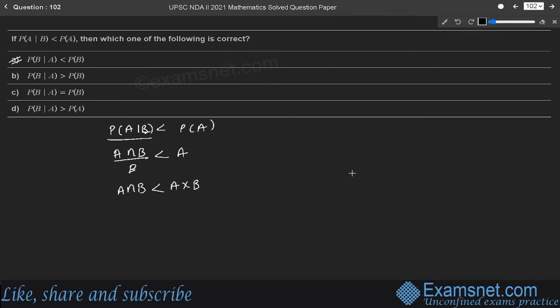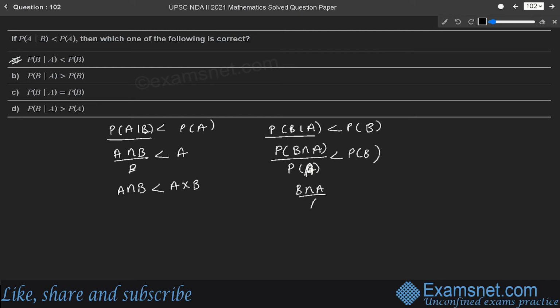Now let us look at the first option, which is P of B given A is less than P of B. Again, by using the conditional probability, P of B given A will be equal to P of B intersection A upon P of A, which is less than P of B. This says that P of B intersection A is less than P of B times P of A. You can see that both these are very similar.